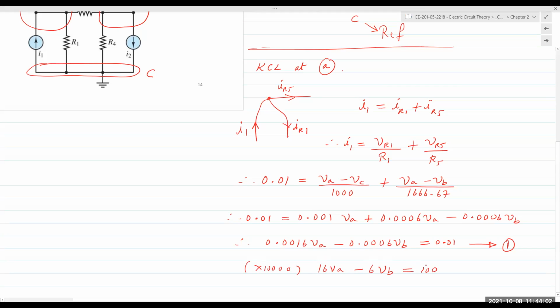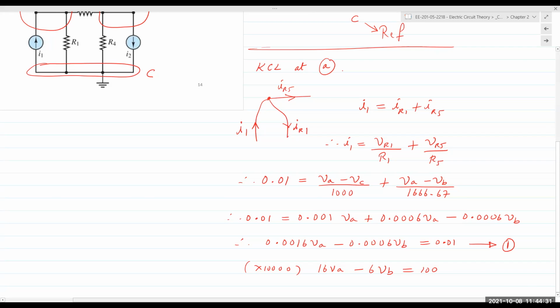Same thing really, but the advantage is if you're trying to program this into your calculator and you try to do 0.0016 and then 0.0006, if you forget a 0 somewhere, your answer is going to be incorrect. So again, just a small tip. This is why I like to do it like this. Either way, it does not really matter. Is that clear to everyone? How we are obtaining this?